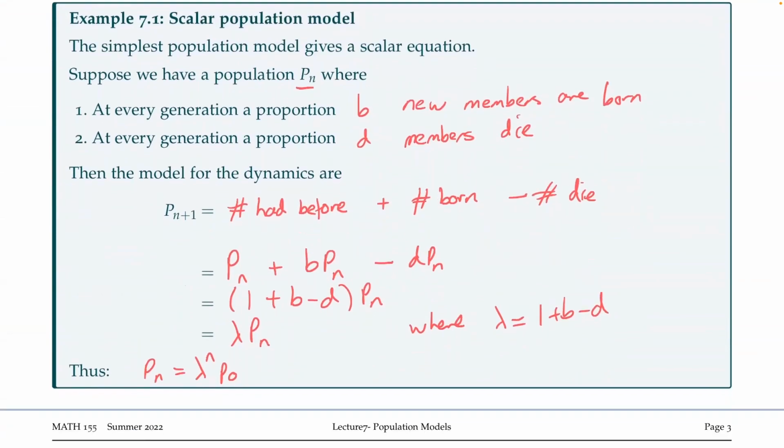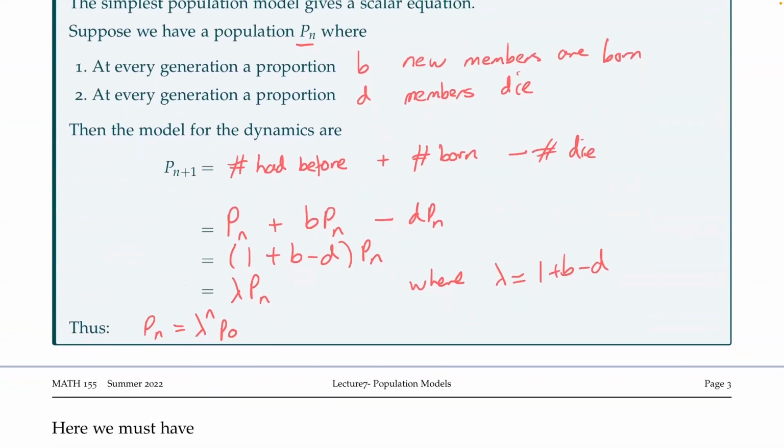Okay, so if we just go back to our very simple scalar population model that you would have looked at before, the long-term solution to this, well, if we look at our population in year n, imagine that P_0 here is just going to be our initial population. Say it's just the size of the human population in a particular year. We have some births and we have some deaths, and this ultimately gives us a growth rate, and we can find our population size in year n by taking our growth rate to the power of n and times that by our initial population.